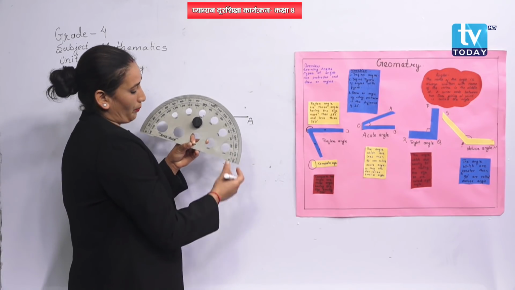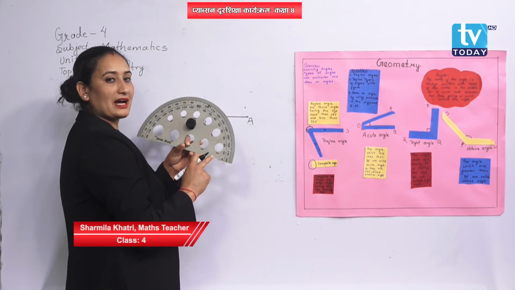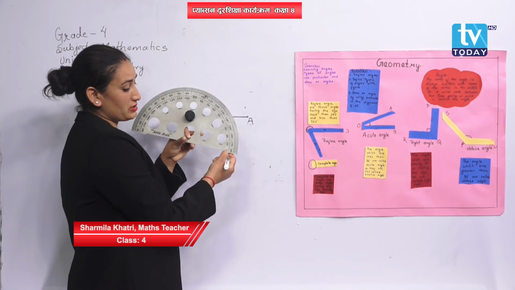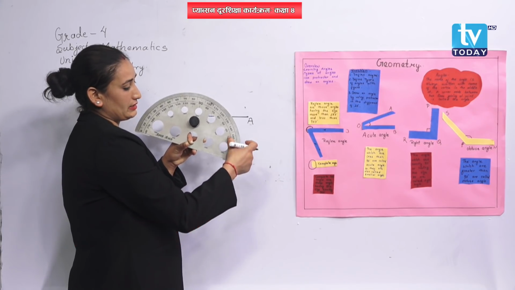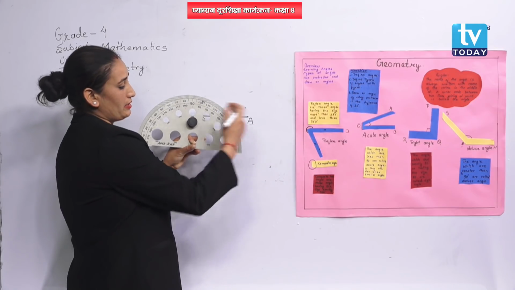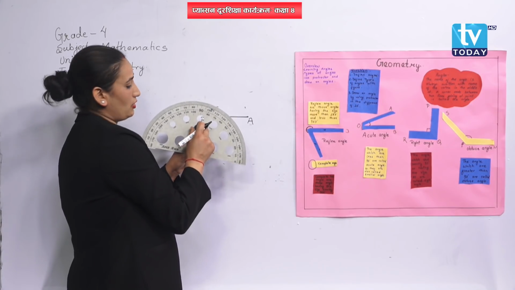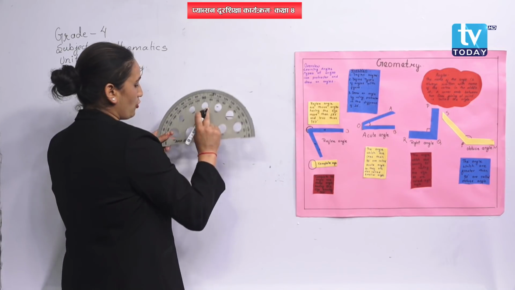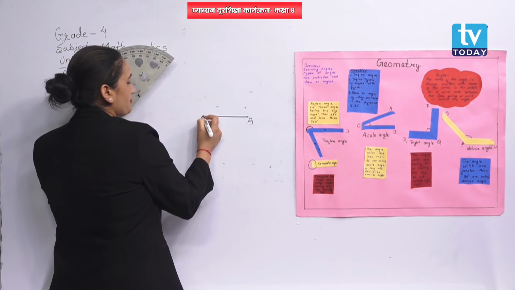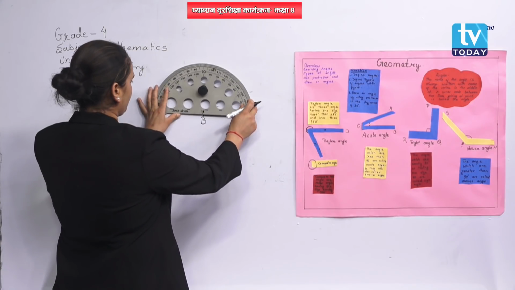Two types of scale are there, inner scale and outer scale. Right now we are using the inner scale. The inner scale starts from 0, 10, 20, 30, 40, 50, 60, 70, 80, 90, 100, from the right side. Can you see here? So put this arrow point, the middle point, over point B, just like this.